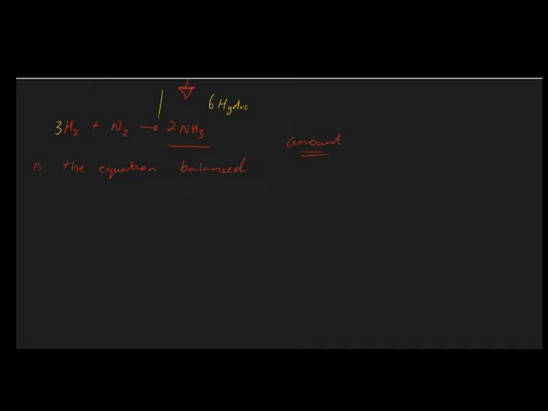If you have 6 on this side and you already have 2 here, for you to get 6, you multiply by 3. And then you have 2 nitrogens on this side, and here you have 2. So that balances out. Now our equation is balanced.